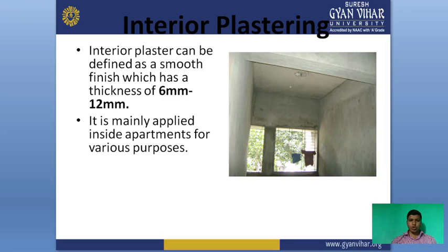This figure shows the interior plaster of a house. Interior plaster can be defined as a smooth finish which has a thickness of 6 mm to 12 mm. Interior plaster thickness should be 6 mm to 12 mm, and it is mainly applied, as I told you earlier, inside apartments for various purposes.